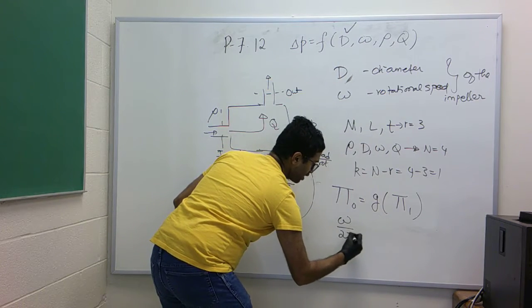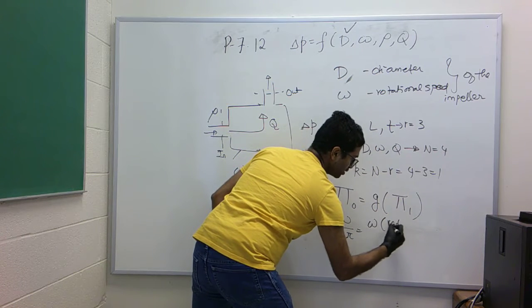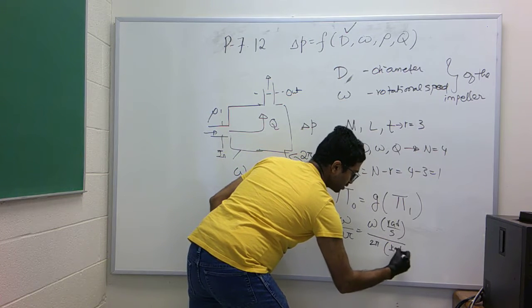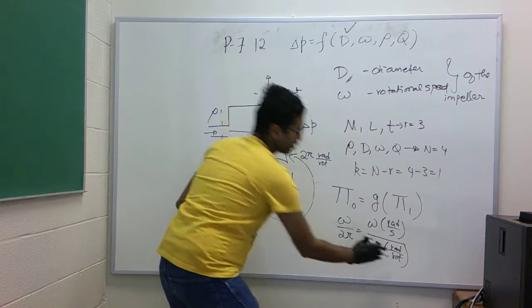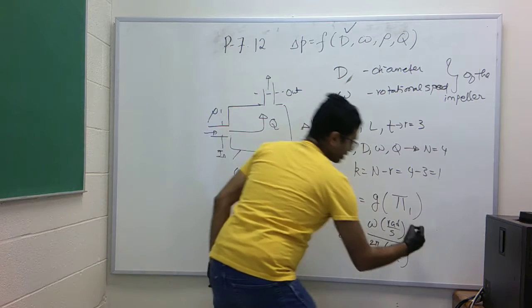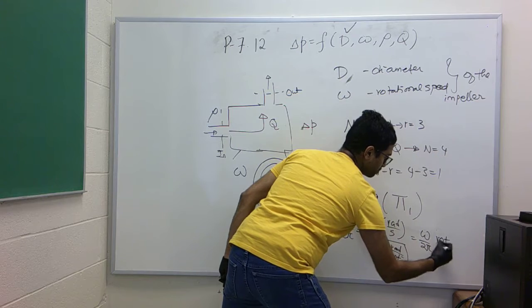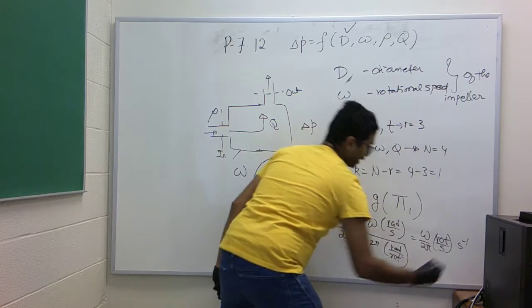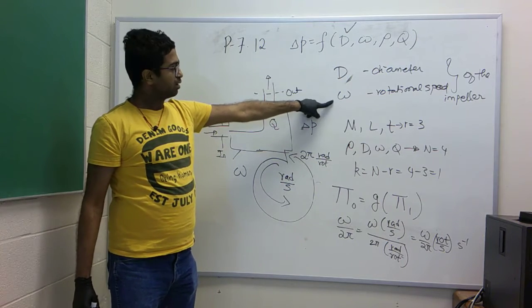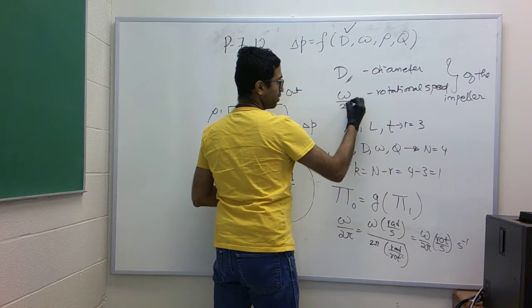Omega divided by 2 pi is really omega, which is in radians per second, divided by 2 pi radians per rotation. This is rotation, ROT. I get omega by 2 pi, which is rotations per second, or simply per second. Okay, so instead of rotational speed omega, I'll take omega by 2 pi.